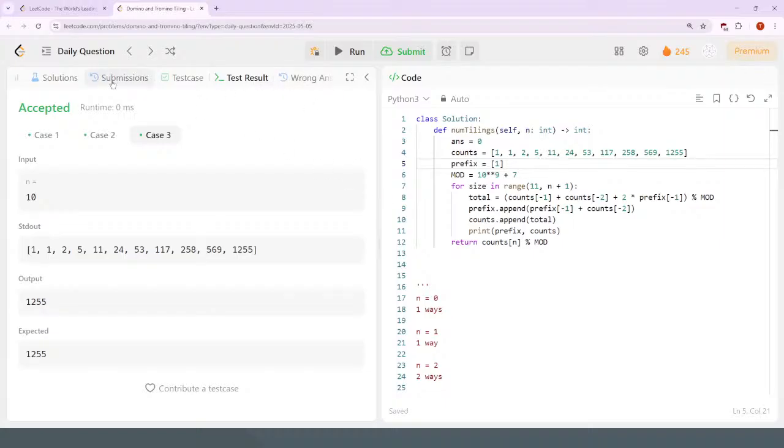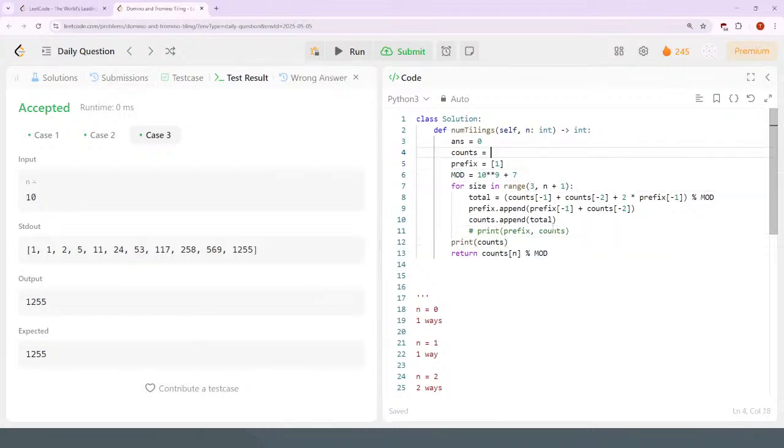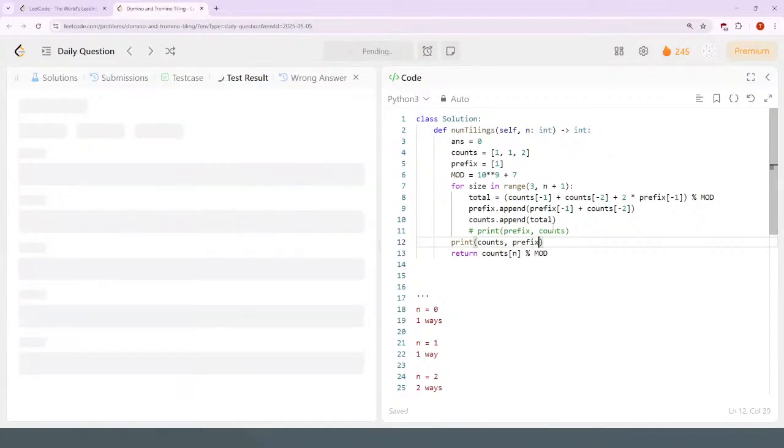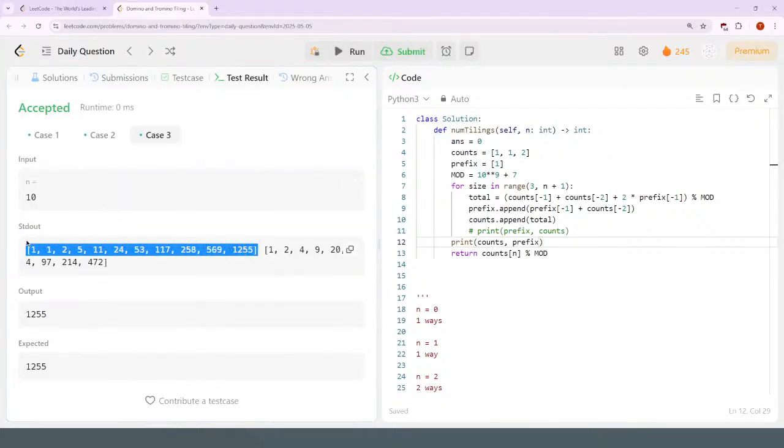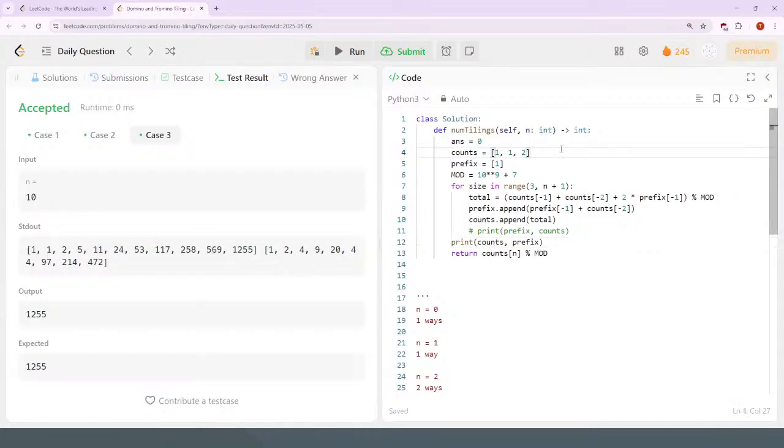Let me go back to my previous version, and print the counts and the prefix. Okay, so I'm going to use this set for my counts.